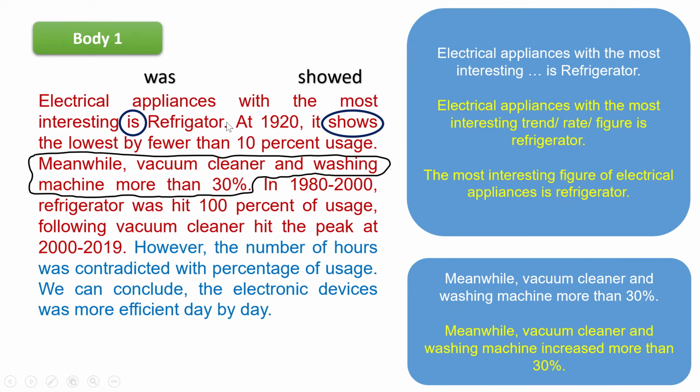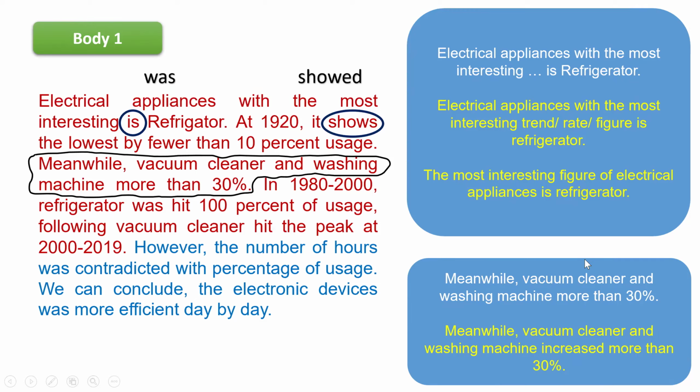Nah, selanjutnya di sini ada meanwhile vacuum cleaner and washing machine more than 30%. Okay, take a look at your sentence here. As an Indonesian, I do understand what you mean here, but in English, every single sentence needs a verb. Harus ada kata kerjanya, dan di sini tidak memiliki kata kerja.